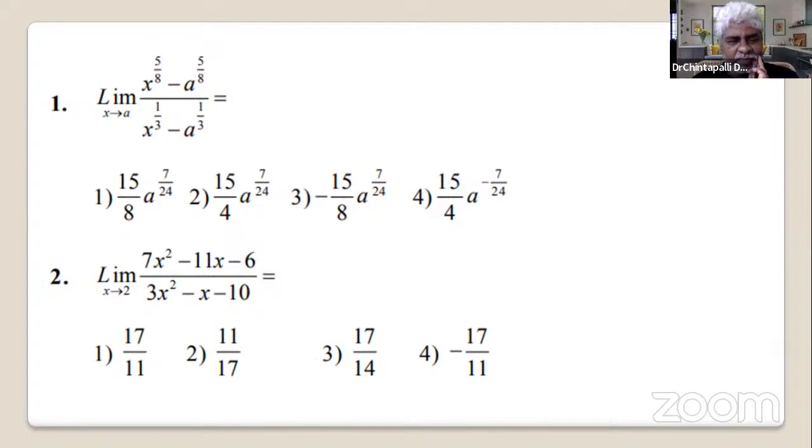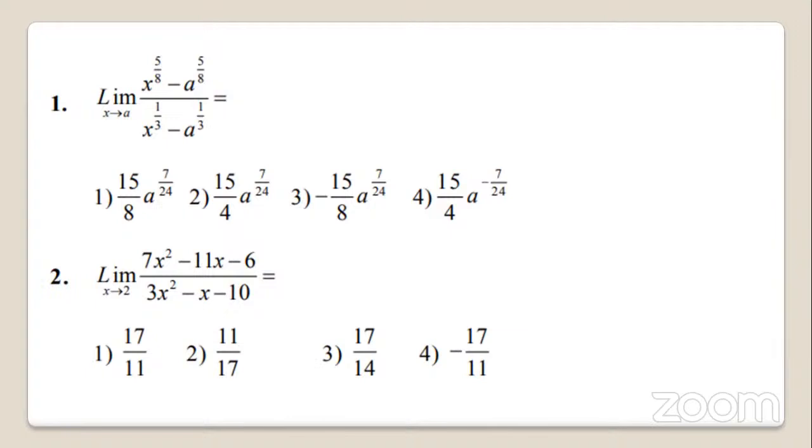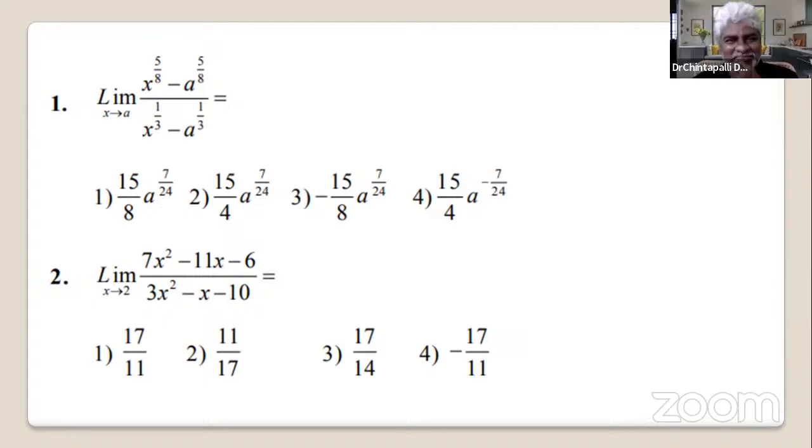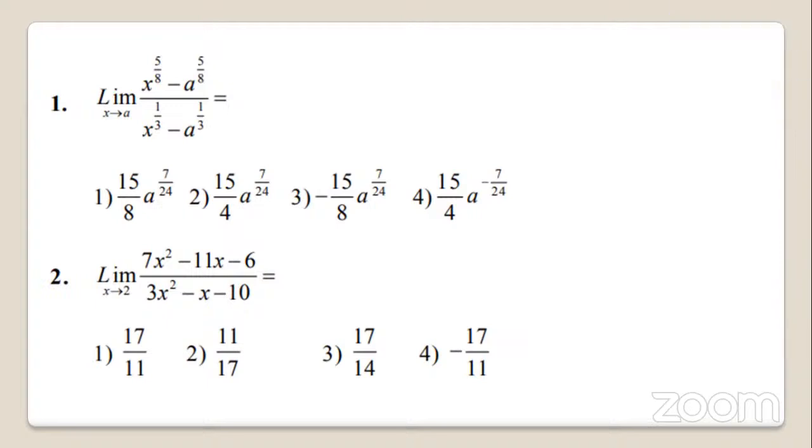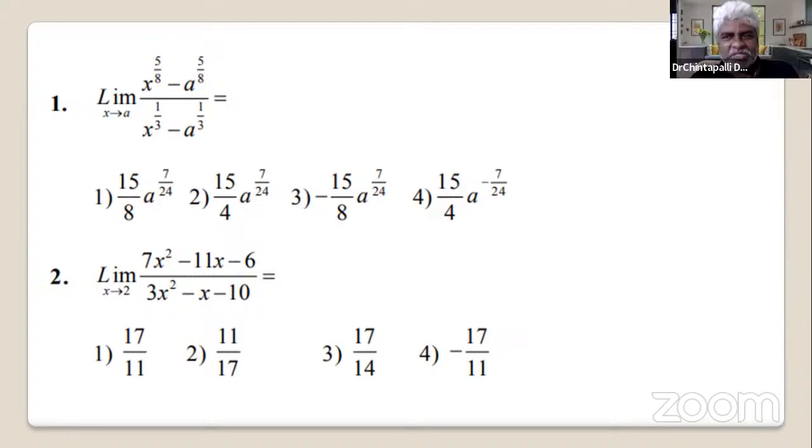What happens if you plug in 2? x tends to 2, numerator 8 minus 22 minus 6, that is 0. Denominator 12 minus 2 minus 10, so it's 0 by 0. Sir, but there is no 0 by 0 in the four options.